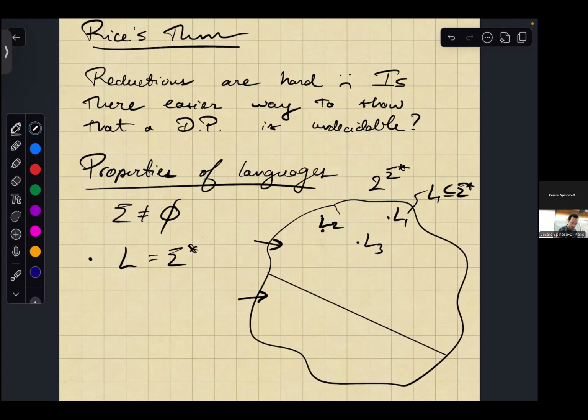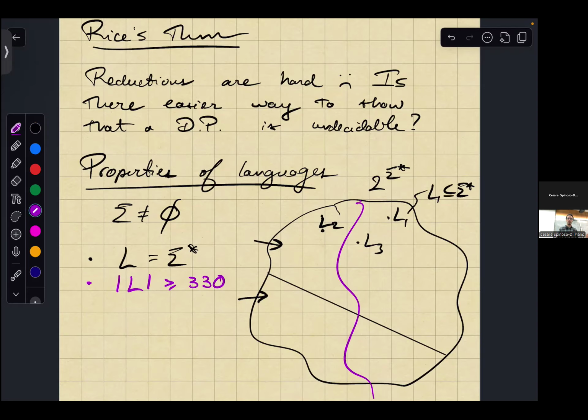Another example of a property of a language is maybe the cardinality of the language is greater or equal to 330, right? This is another property because if you imagine you have a bunch of languages, some of them have cardinality less than 330, so maybe they're on the right of the purple line, and some have cardinality greater or equal to 330, so they're on the left.